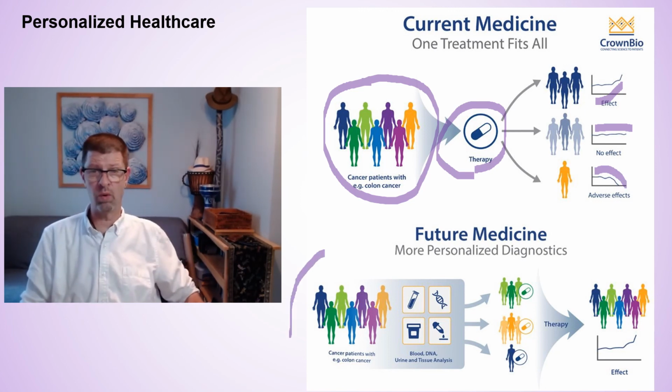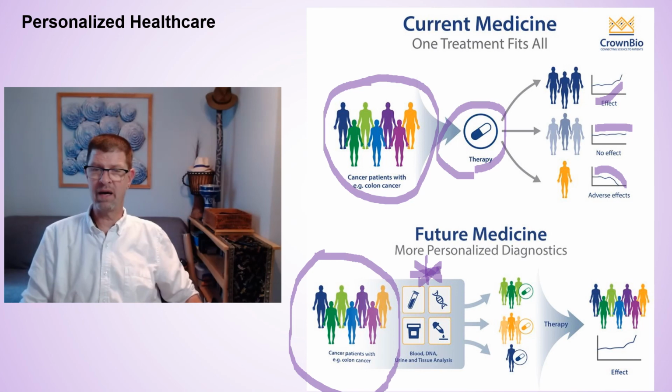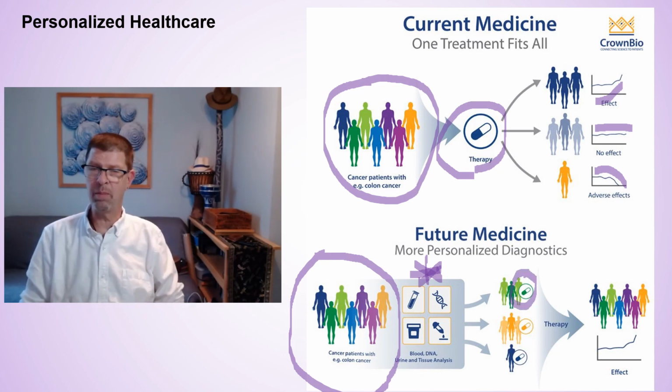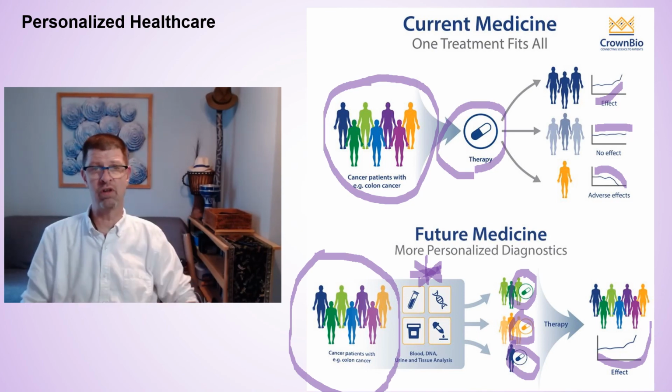In the future, what we hope is that these people go to the doctor, and because the doctor has all this information about DNA, from blood samples, about analysis that's on the computer, each of these groups of people get a slightly different prescription, a slightly different therapy, and it works better for everybody. That's the hope anyway. That's what personalized healthcare is.